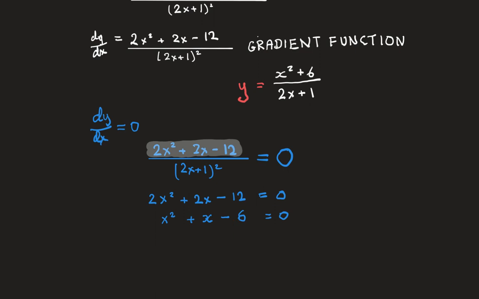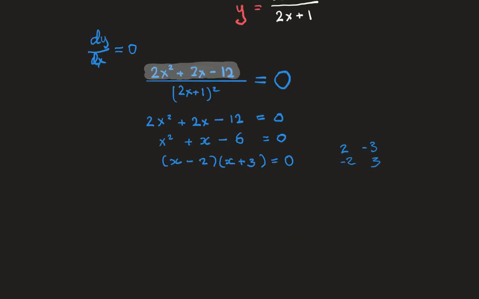So it may either be 2 or minus 3, or minus 2 or 3. And it seems that in this case we will have x minus 2 and x plus 3. And so this equation only makes 0 if x is equal to 2 or x is equal to negative 3.